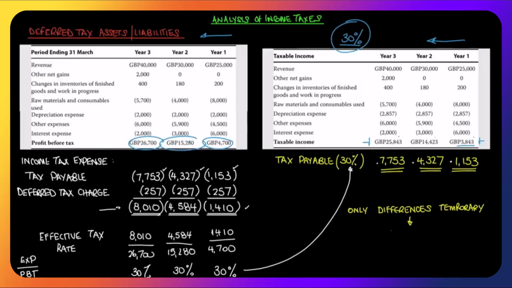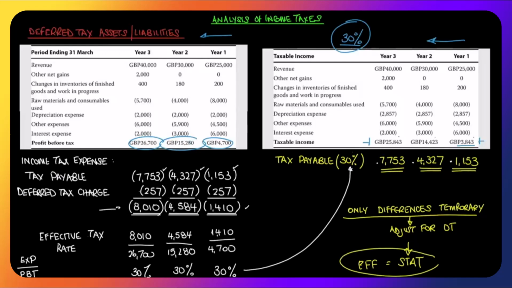If we can spell adjust, we adjust for deferred tax, and we end up with an effective rate equal to the statutory rate. Will that always be the case? Yes, if your differences are only temporary. You get a difference in those two rates when you have permanent differences because we don't adjust for them.